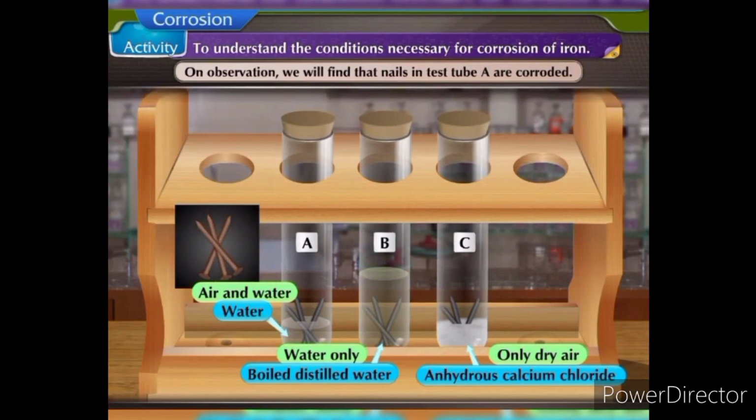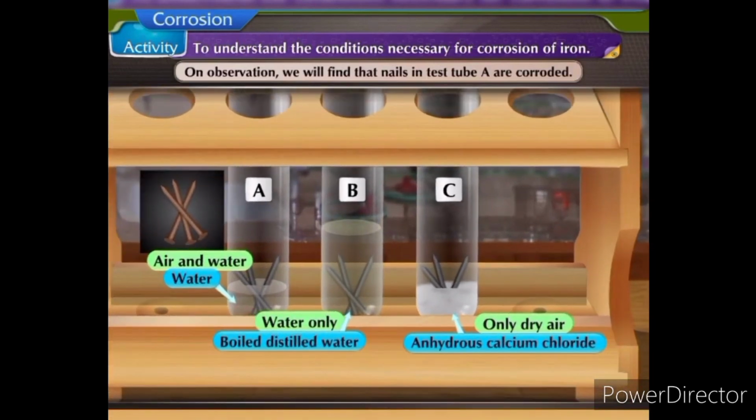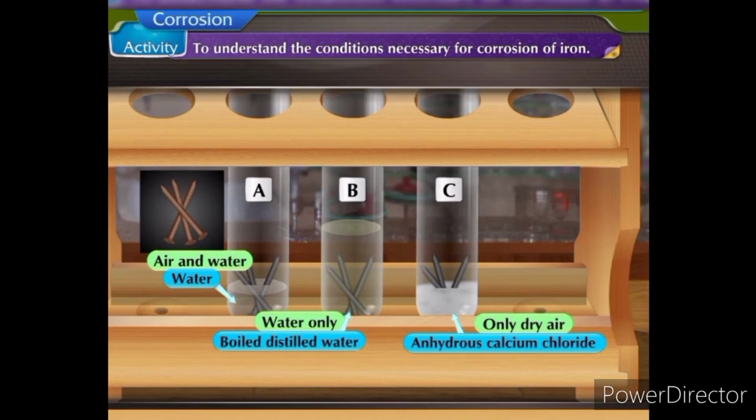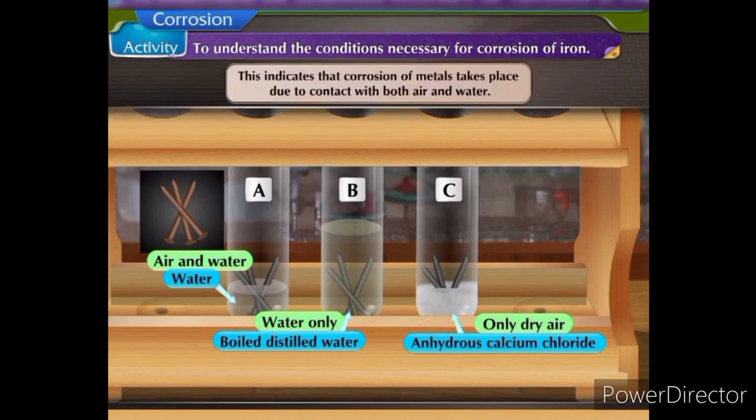On observation, we will find that nails in test tube A are corroded, but nails in test tubes B and C are not corroded. This indicates that corrosion of metals takes place due to contact with both air and water.